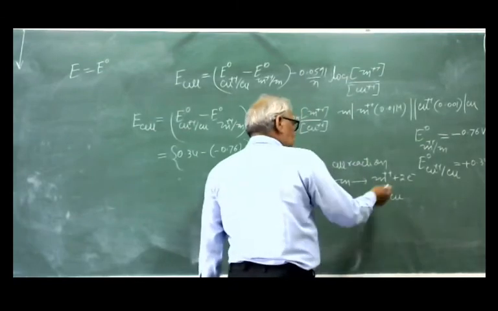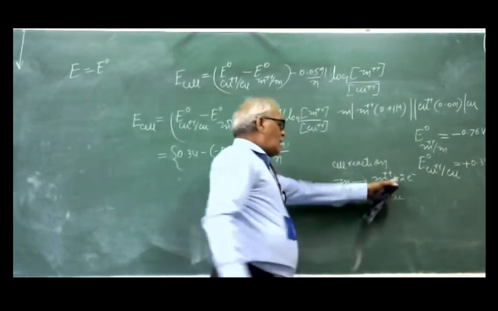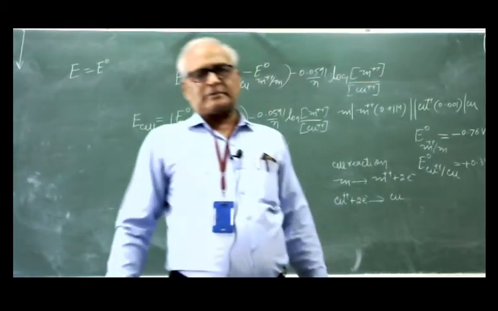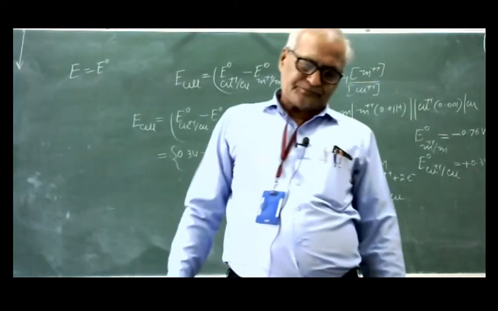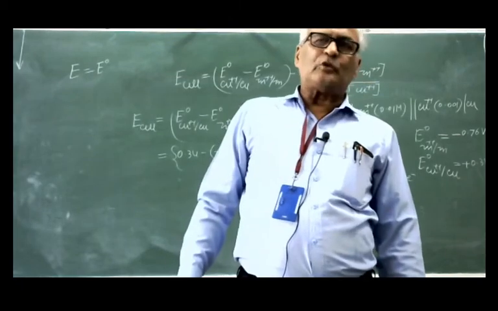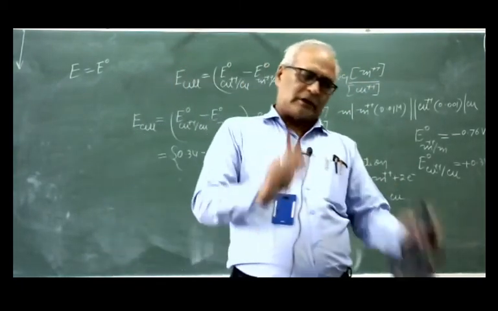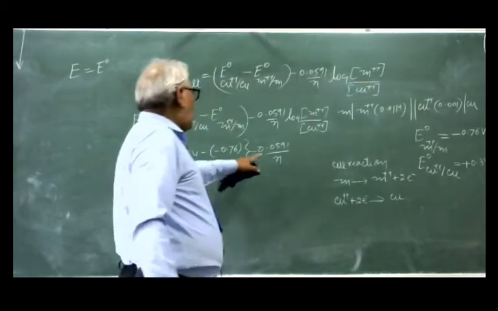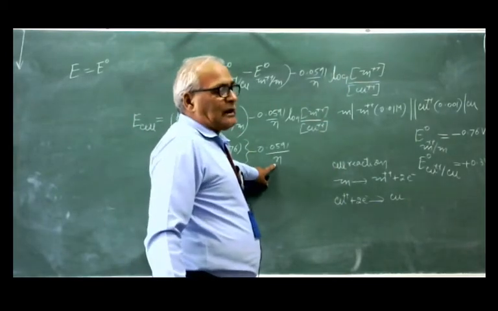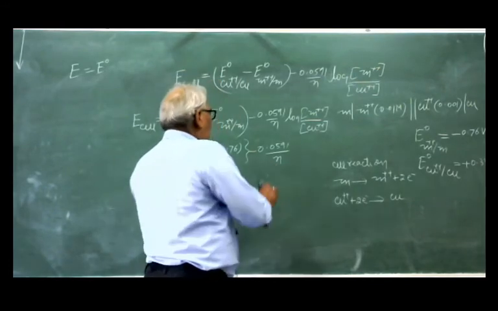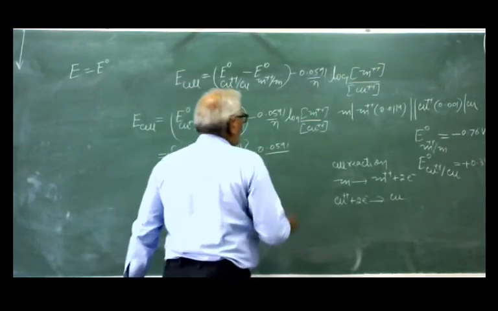So in this way, you see there is involvement of 2 electrons in the chemical cell. It means during the chemical reaction, 2 electrons are exchanged. So here, n is the number of electrons exchanged during the chemical reaction in the cell. So we have to put here 2.